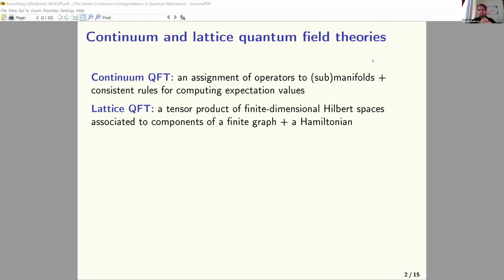So different continuum theories will have different rules, of course. They may depend on different structures of the underlying manifold. They may or may not depend on the metric of the manifold, etc. And the operators I choose to work with may be chosen to furnish representations of different symmetry groups or other more general algebraic structures.